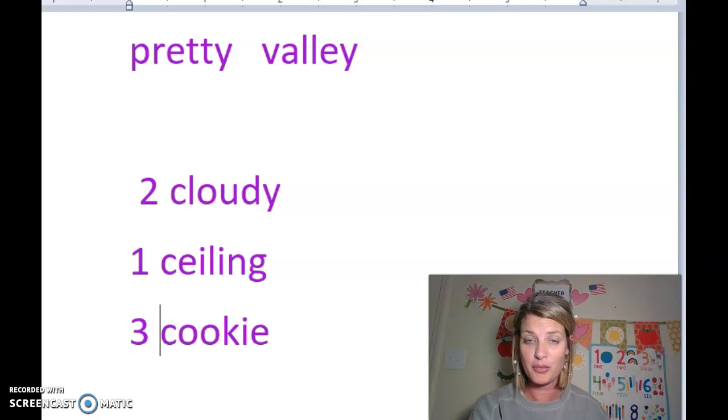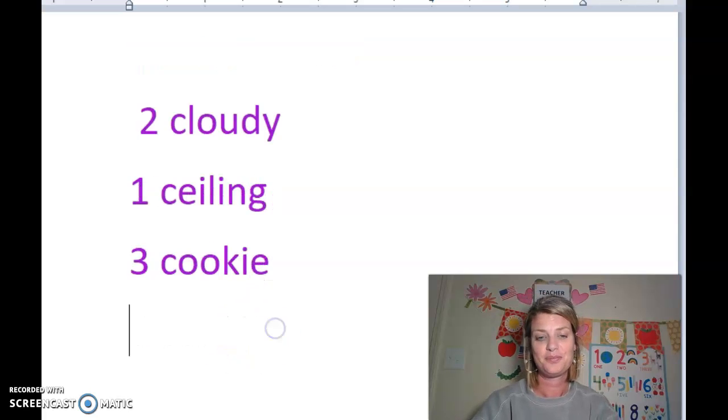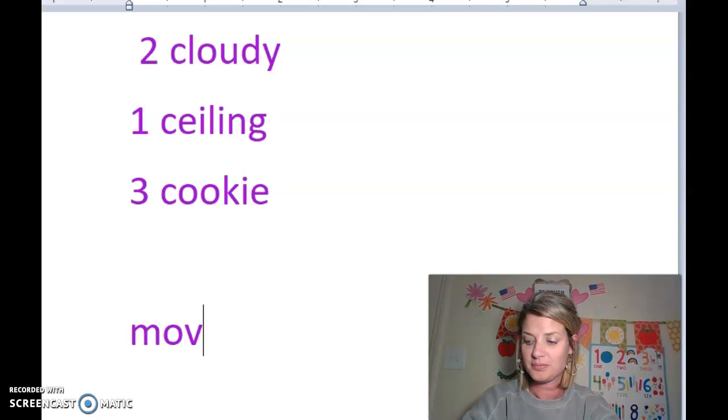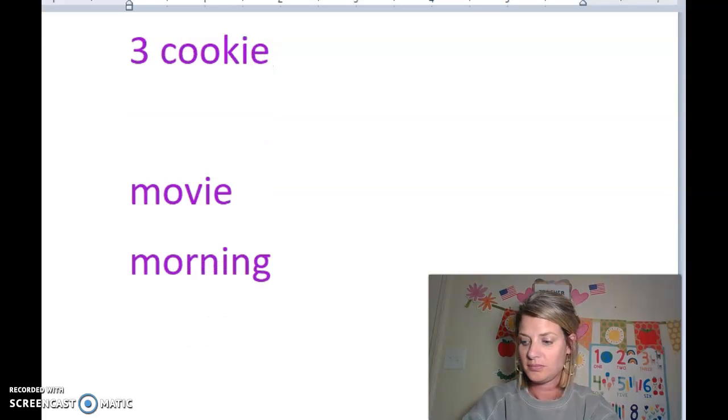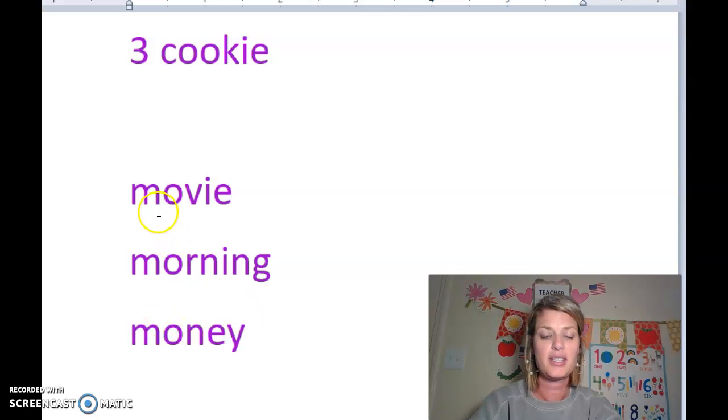Notice that all 3 words start with MO, so for this list we have to look at the third letter. Alright, so looking at movie, morning, and money, we're going to take a look at the V in movie, the N in morning, excuse me, that should be the R in morning, and the N in money.